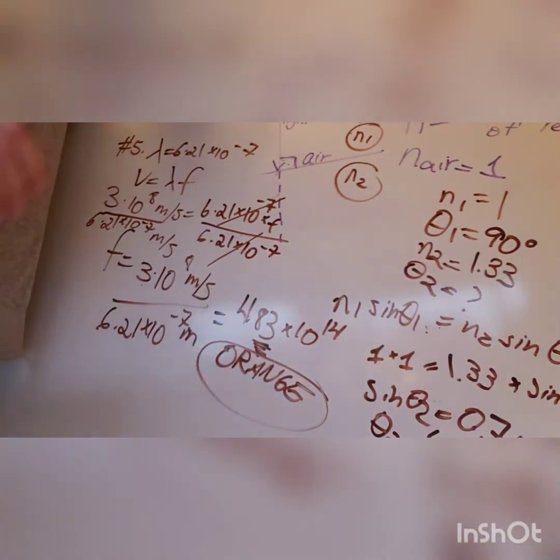How do I know that? I went to my physics reference table, and up here orange is between 4.82, so it's barely greater than the orange. It's between my orange and my yellow, so it's in the orange.